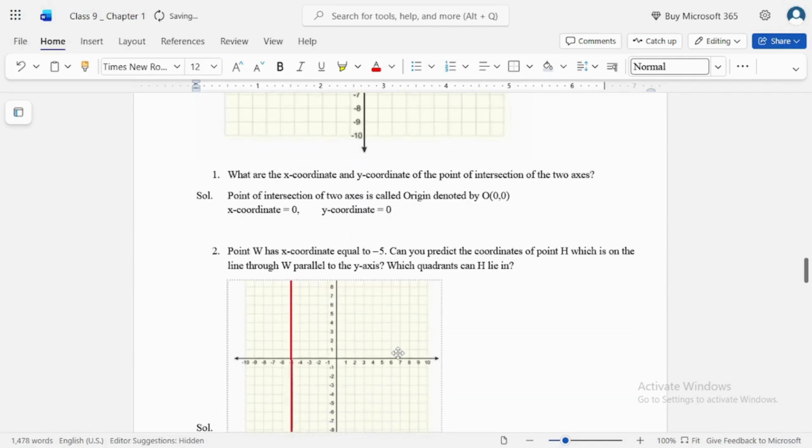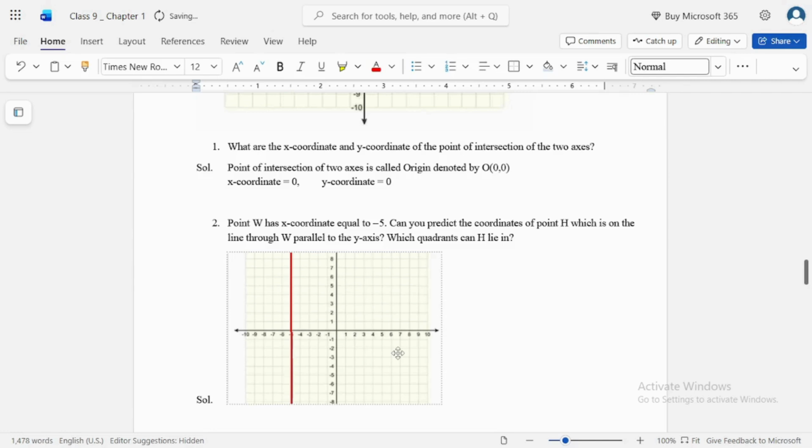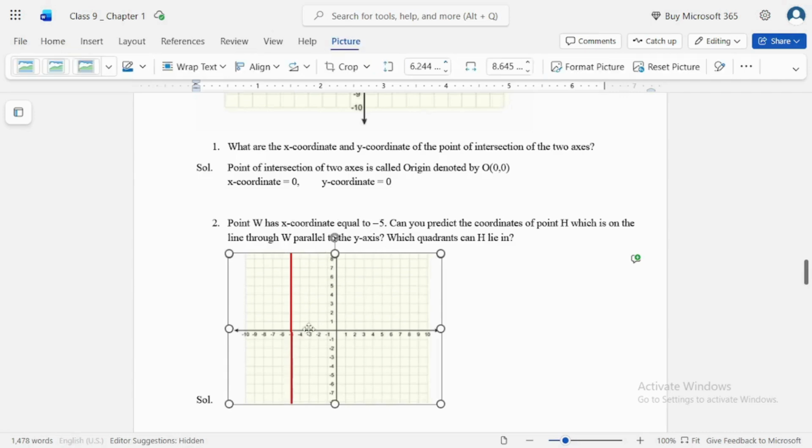Moving on to question number 2. Point W has x coordinate equal to -5. Can you predict the coordinates of point H, which is on the line through W, parallel to the y-axis? So see, if any line is given as parallel to y-axis, its x coordinate will always remain same, right? And in this case, the x coordinate is equal to -5. So how will this line look like as shown in this image?